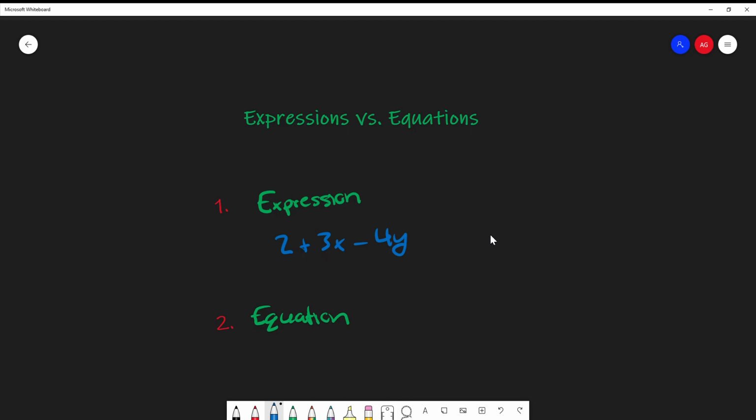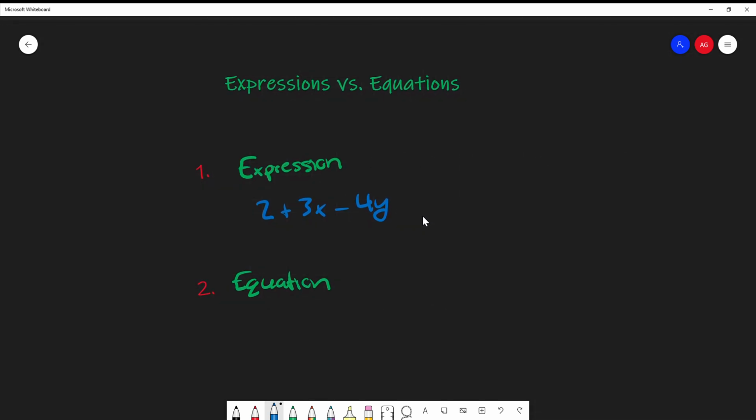However, with an expression, you can use operations like addition or subtraction. An equation, however, is when we have two expressions, something like 2 plus 3x and 4y, and you have an equal sign in between them, which means that they are equated, as in 2 plus 3x equals 4y.